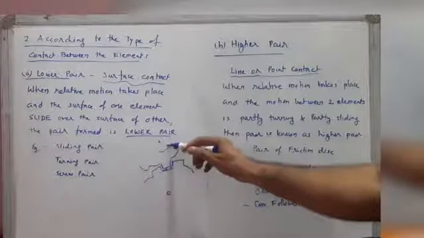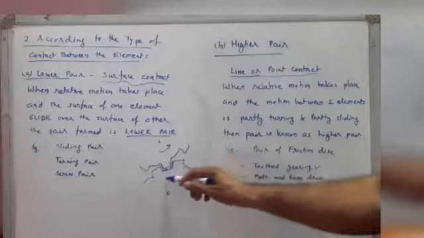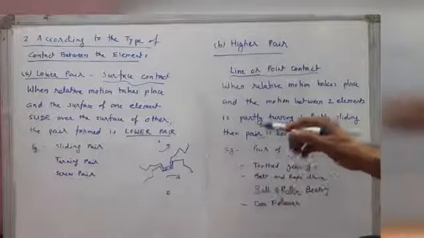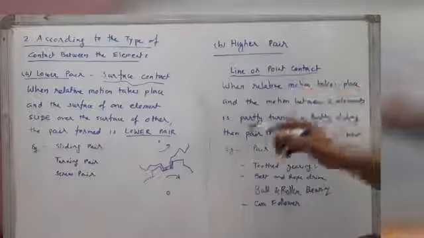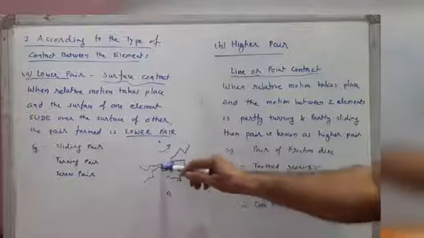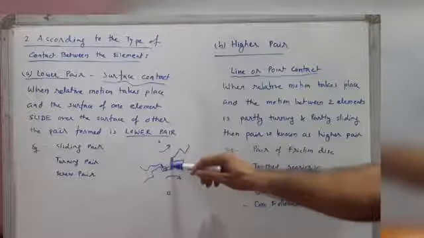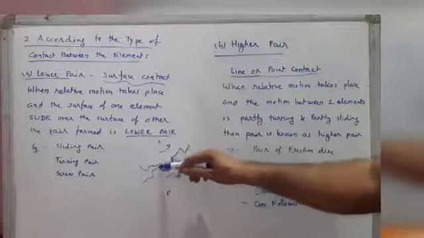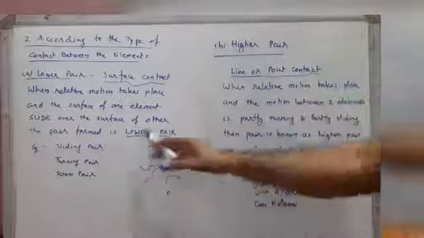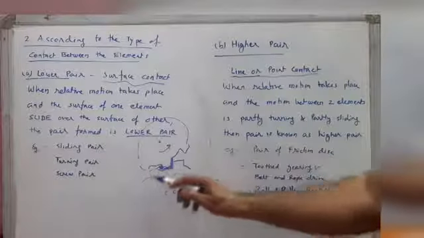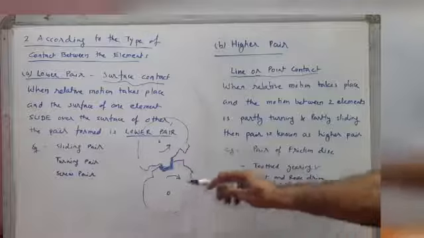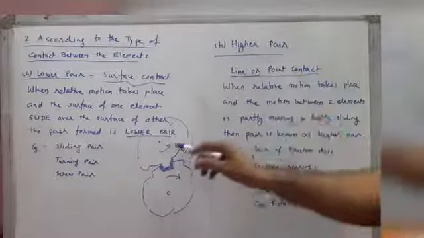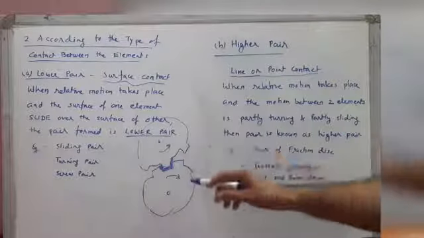If this rotates in this direction, then the other gear also rotates in this direction. Only this point or this line of the teeth are in contact, not all the surface in both the gears. So this is line or point contact to transmit motion from here to here.